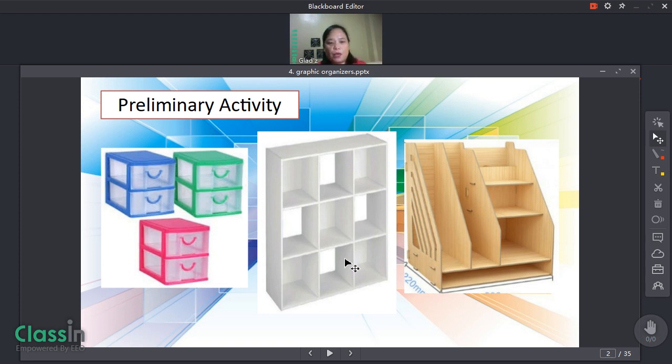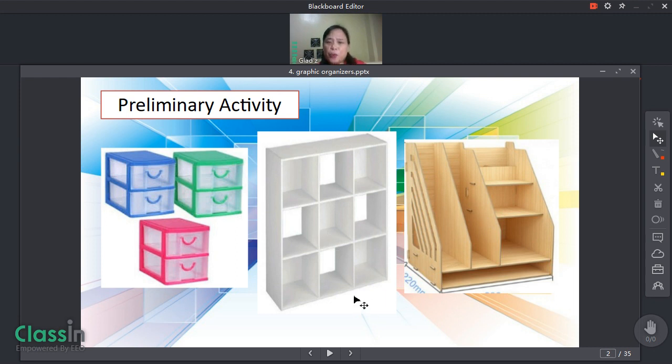We use this to place our clothes, our dress, books, or school papers, and materials that we use in our studies. So in short, it is used to organize our things. So these are organizers that are used to organize our things.